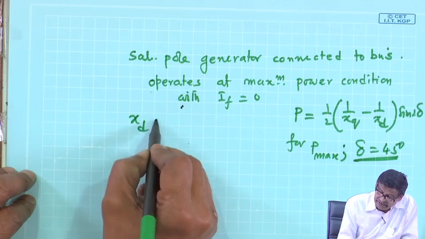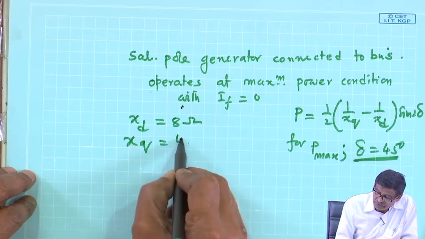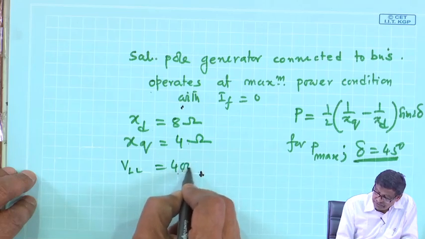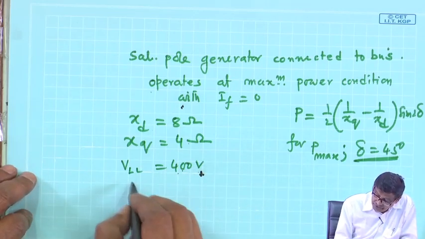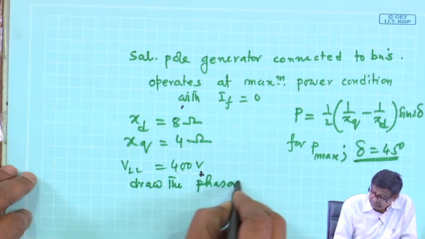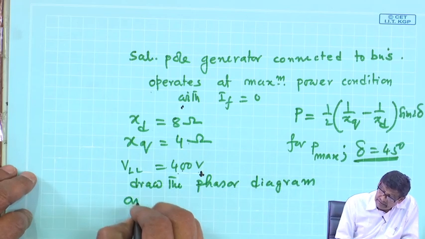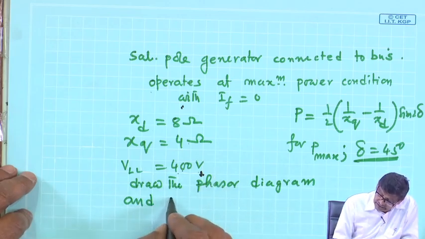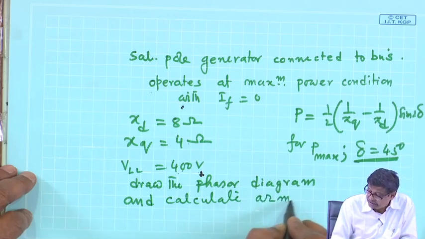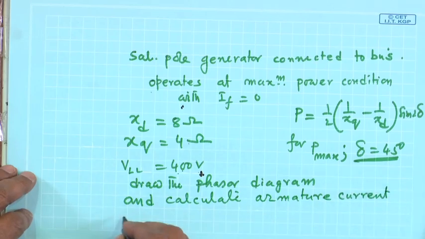If I say XD equal to 8 ohm, XQ is equal to 4 ohm, V line to line is 400 volt, draw the phasor diagram and calculate armature current and power factor.